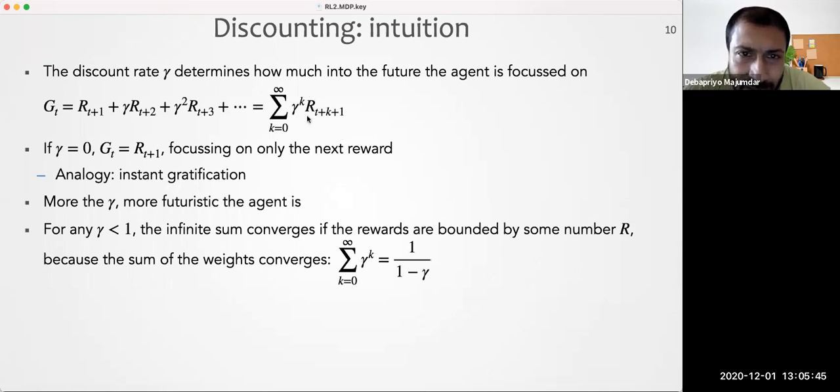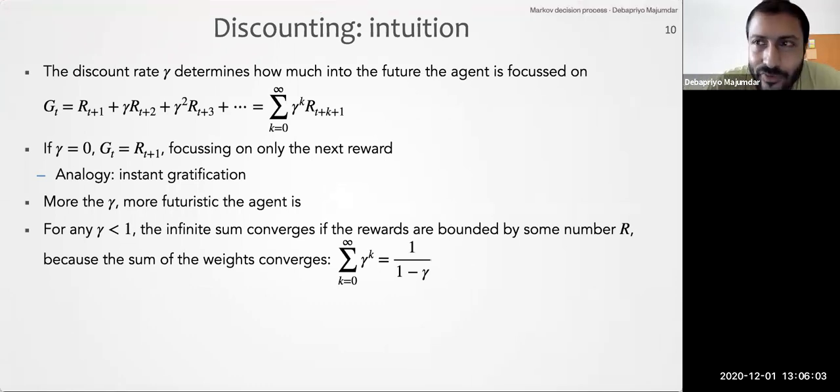And suppose there is a bound, all the rewards are bounded by some number r, then this whole sum will actually be this quantity times that bound, right? So essentially we are saved from this infinite reward scenario, where all rewards are infinite and we cannot really think about maximizing that.